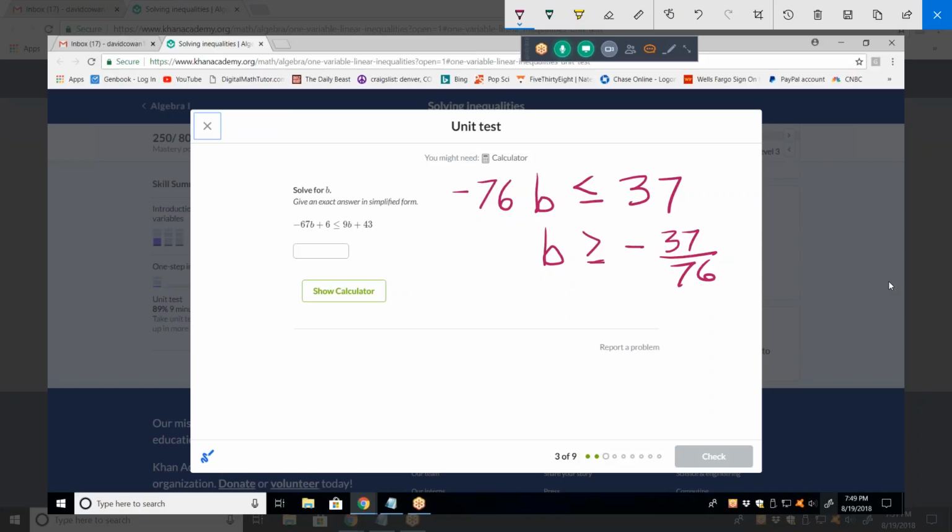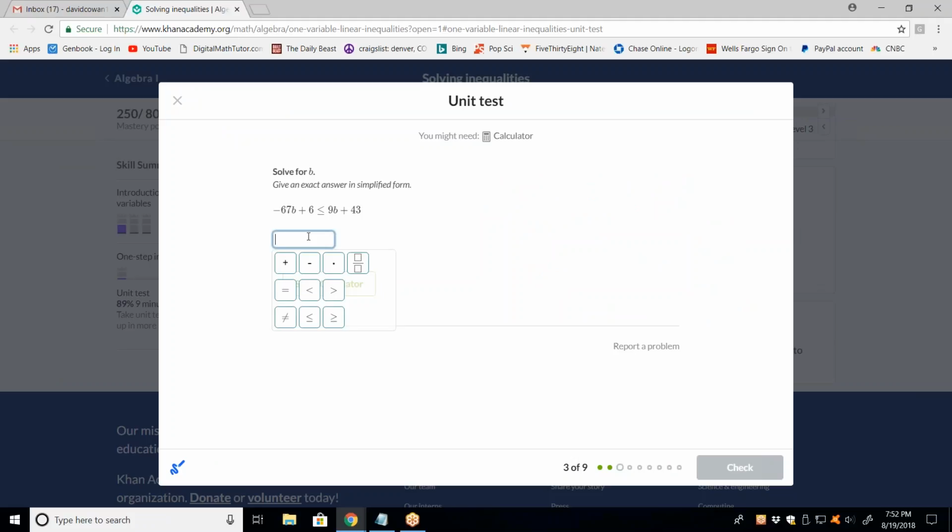I'm not going to be able to find a number to divide top and bottom by unless it's 37. If this were a 74, then I could reduce that to 1/2. But since the denominator is not a multiple of 37, I can't simplify this. So that's going to be our final answer: greater than or equal to negative 37 over 76.